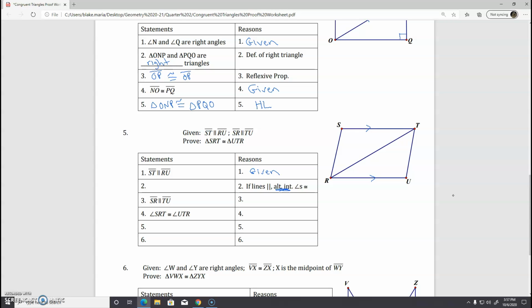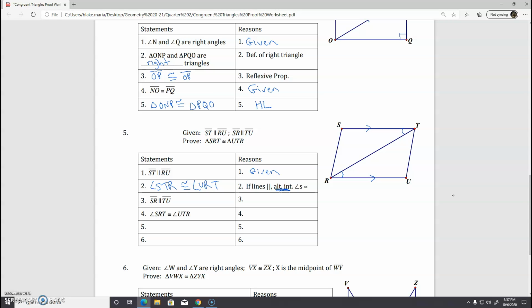So you want to name your alternate interior angles. So if lines are parallel, alternate interior are congruent. So angle STR is this angle right here, should be congruent to angle URT or TRU, doesn't matter. URT. Because of alternate interior angles.